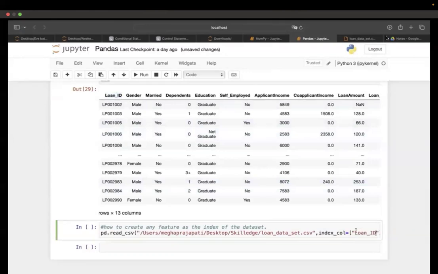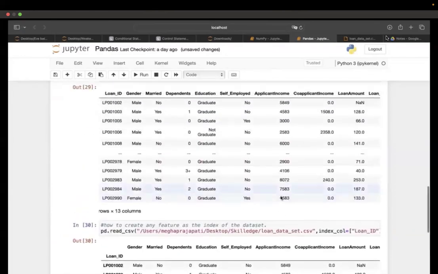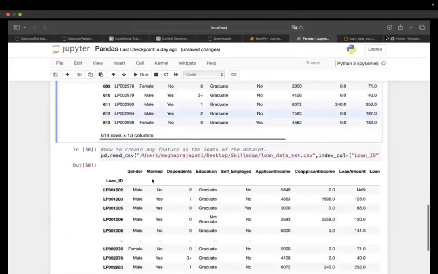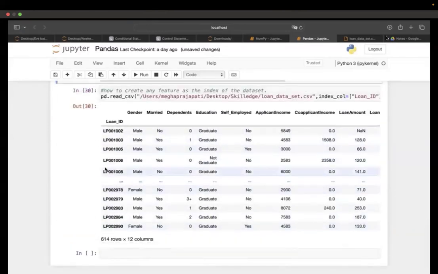Just pasting it down, running it. Look into the data set which we imported previously, and now look into the data set we are importing right now. Previously, the default index was 0, 1, 2 up to 6.3. Now here you will see I changed the index of the data set. It is now using loan ID as the index of my data.